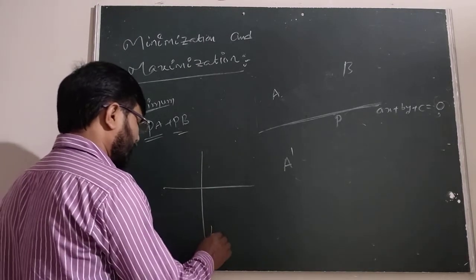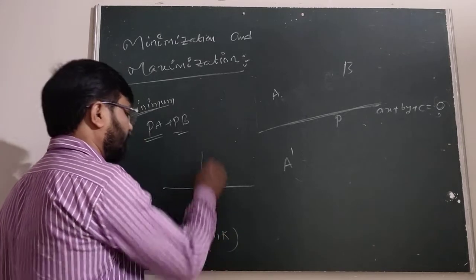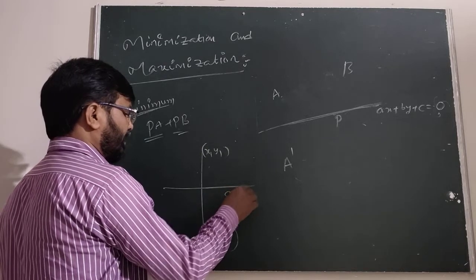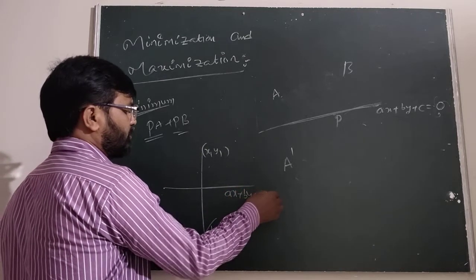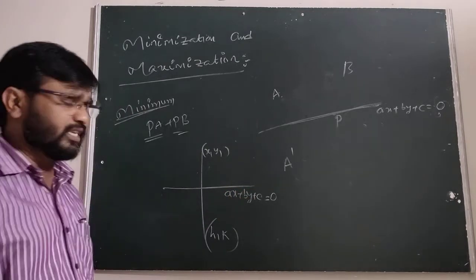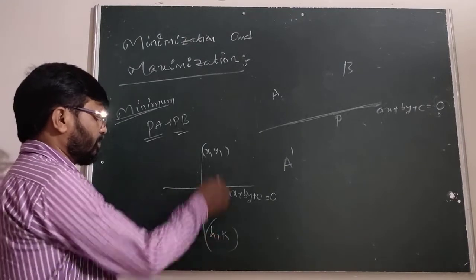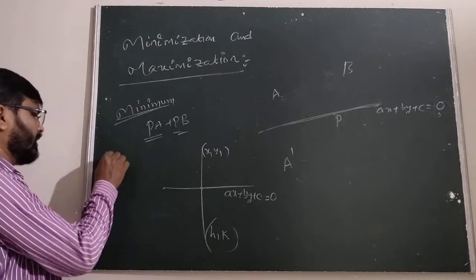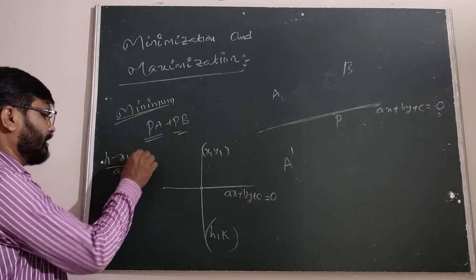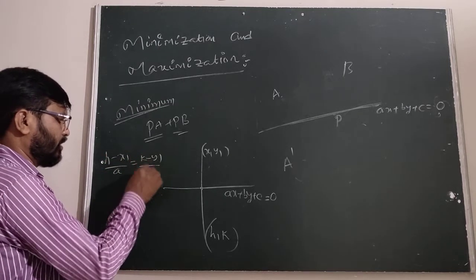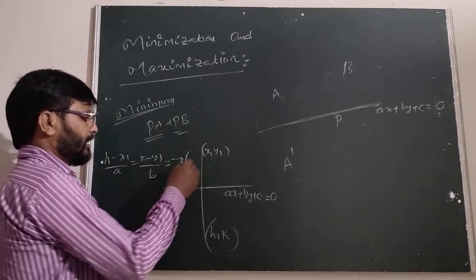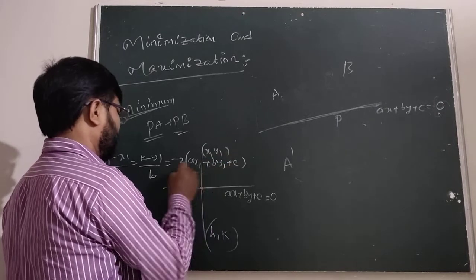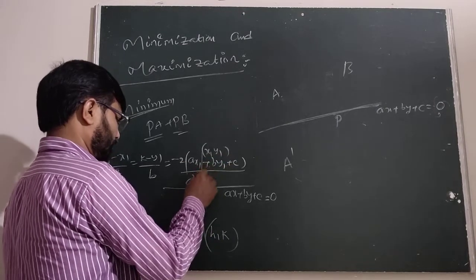Is it clear? Then you can take (h minus x1) by a equals (k minus y1) by b equals minus 2 into (ax1 plus by1 plus c) upon (a square plus b square).